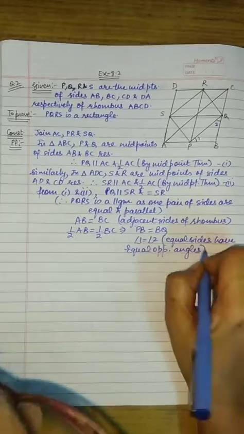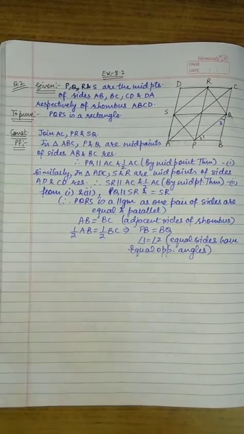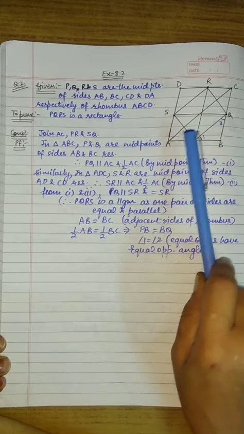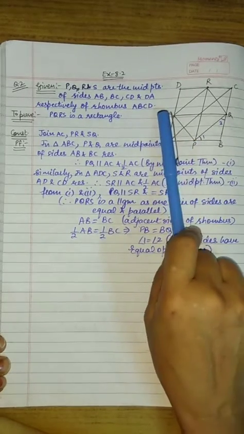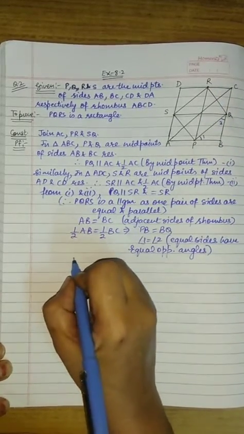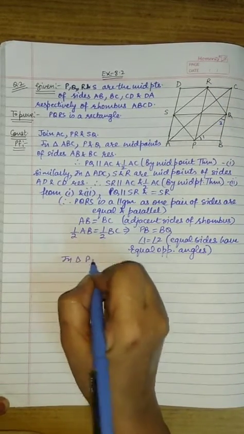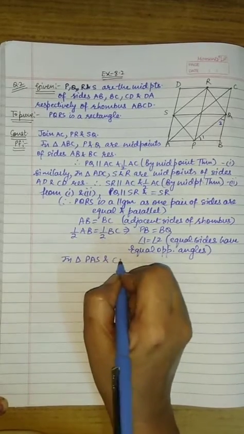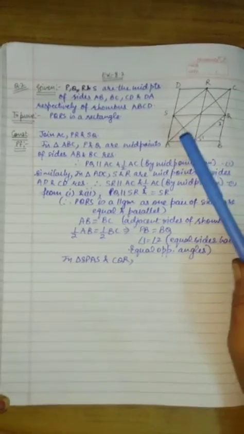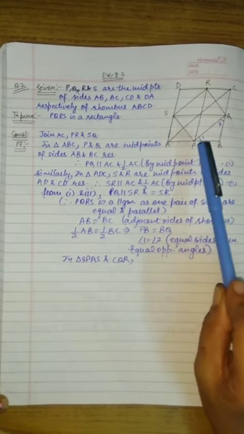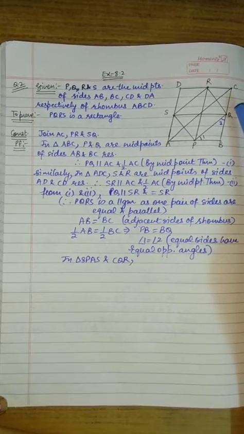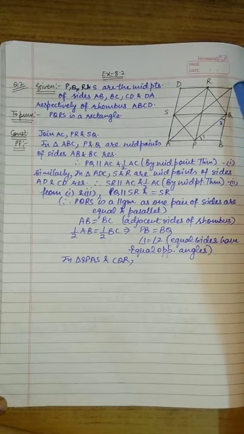So angle 1 is equal to angle 2. Now we will take two triangles, triangle PAS and triangle QCR.